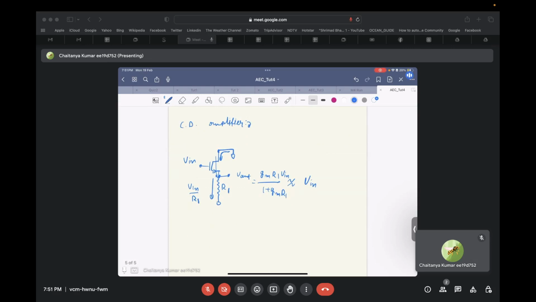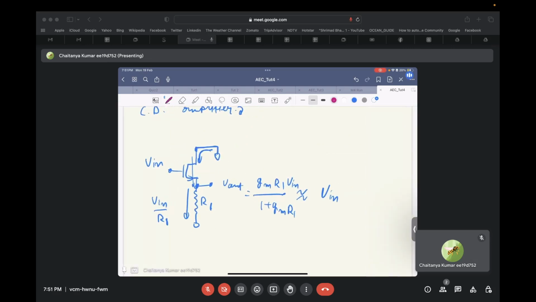But if we introduce another resistance over here, let's call its value R2, then the voltage drop across R2 will be the current that is Vin by R1.